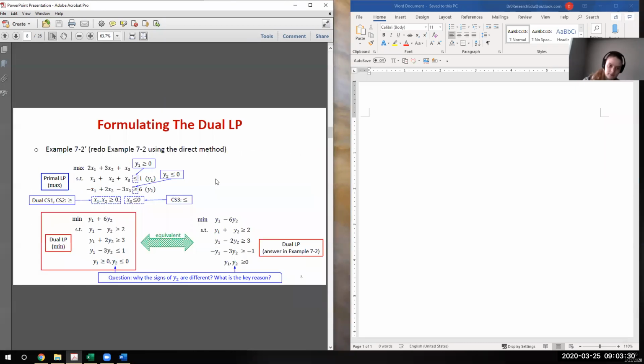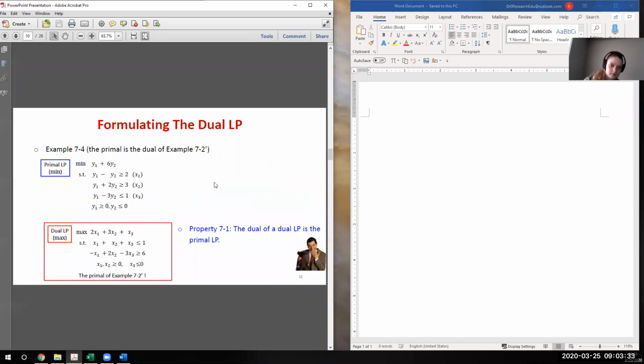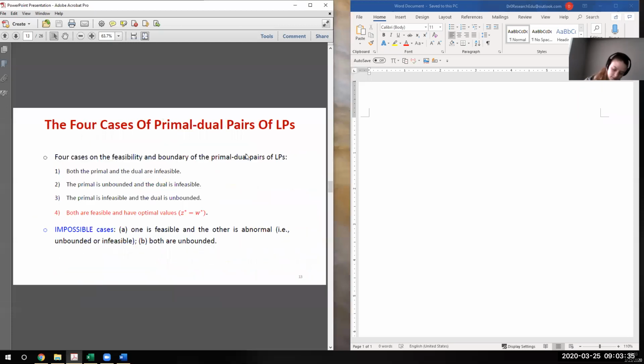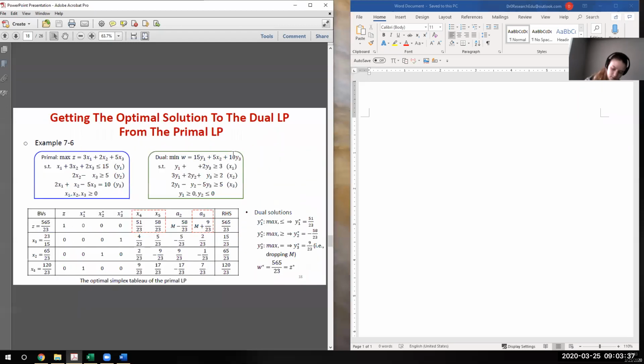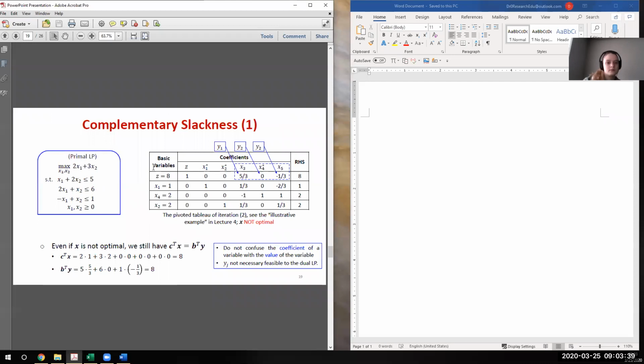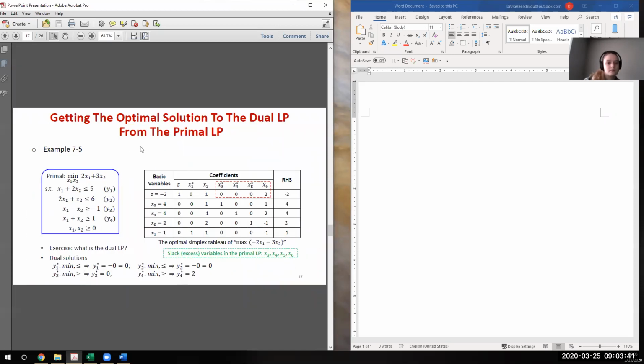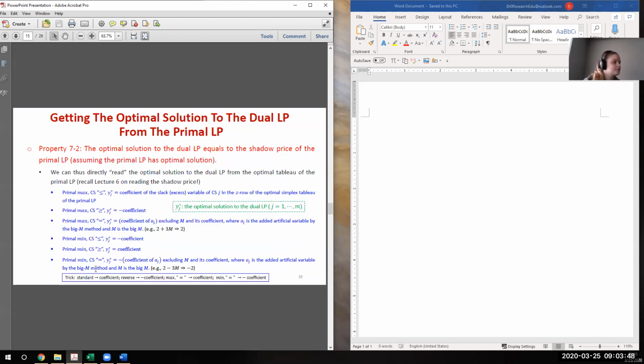First of all, I need to clarify the mistake that I made last time in the solver. Last time, we introduced how to directly read the dual solution from the primal optimal tableau, and the method is here.